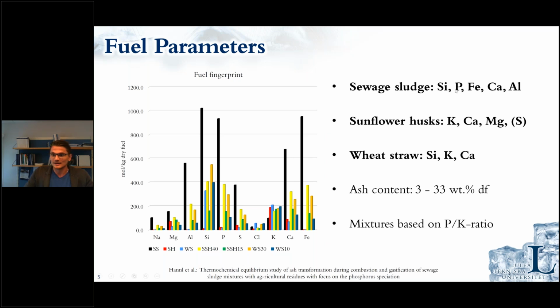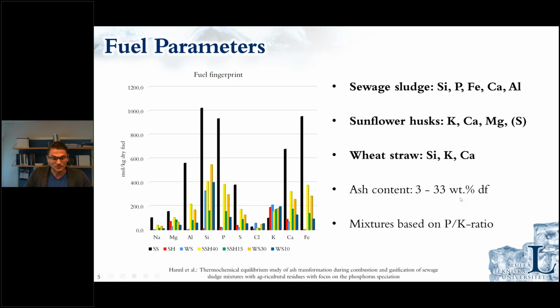And as you can see, it is also very heterogeneous in comparison to other agricultural residues. It has a lot of silicon, phosphorus, iron, calcium, and aluminum, which basically creates a very large element pool ready to react in any kind of modeling or also in reality. And these are the types of fuels that we analyze in practice. So therefore, they're also the fuels that we analyze in our modeling.